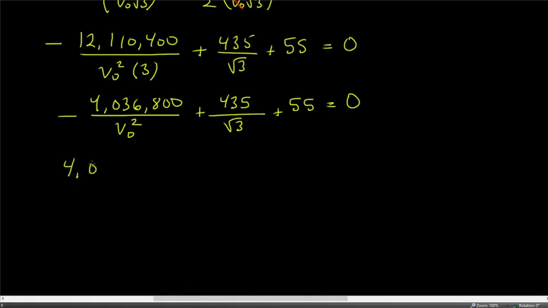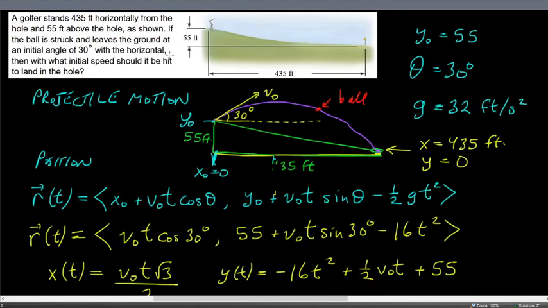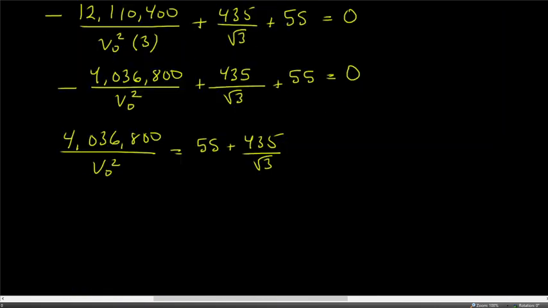So 4,036,800 divided by V0 squared, that's all going to equal 55 plus 435 over the square root of 3. And I know it doesn't say in the question, I think they wanted us to round to 2 or 3 decimal places. Well, actually it says do not round your final answer, round to the nearest tenth. Okay, so we're not going to round here.